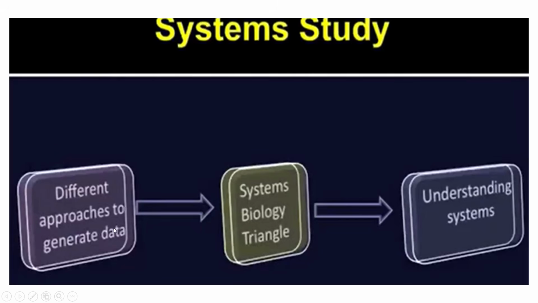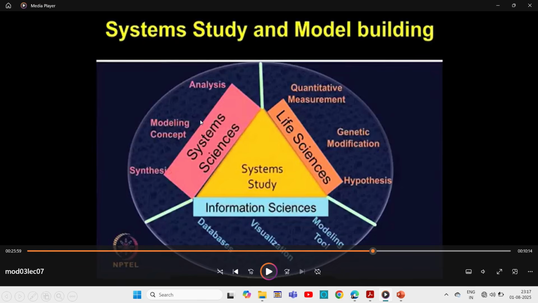So different approaches to generate data. You have the data, then try and understand the system with the help of the data part by part. Each and every section is important in order to complete the whole system study.